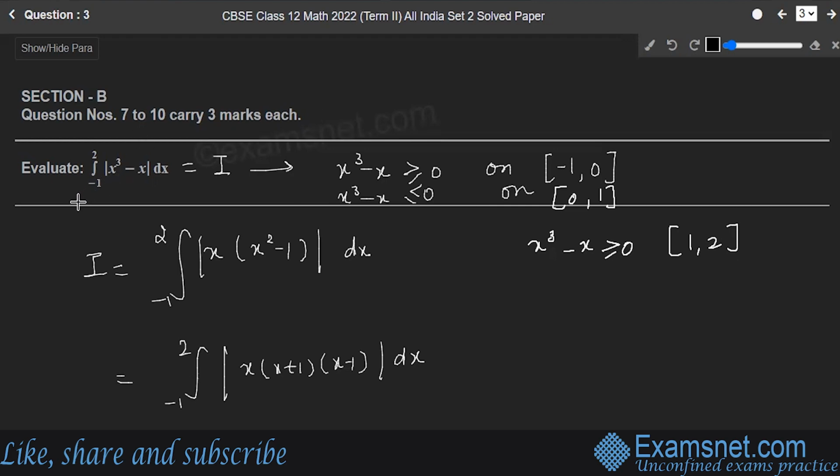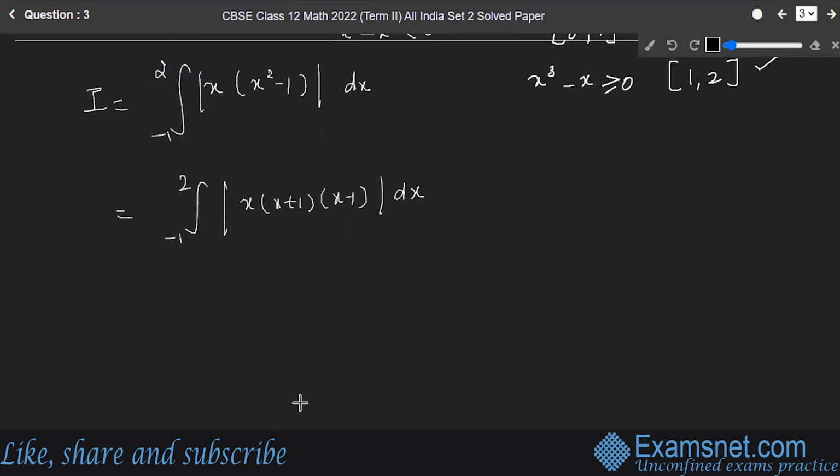Now the limits are given from minus 1 to 2, so we have calculated from minus 1 to 2. How is this equation behaving? Increasing, decreasing, like what? Okay, fine. So let's get back to our equation.